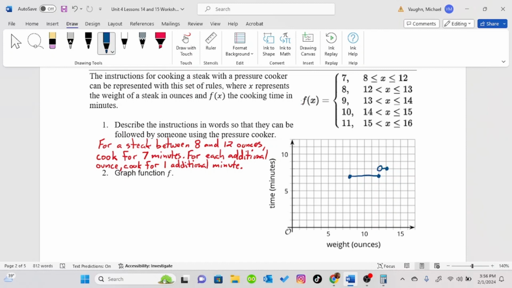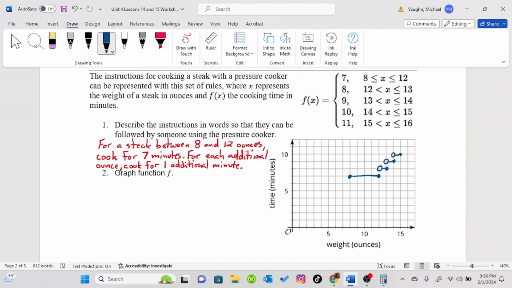Then we go up another minute, a hollow dot, then a solid dot, and the line connecting them. We go up. We have a hollow dot because it's not included, a solid dot at 15 because it is included, and the line connecting them.